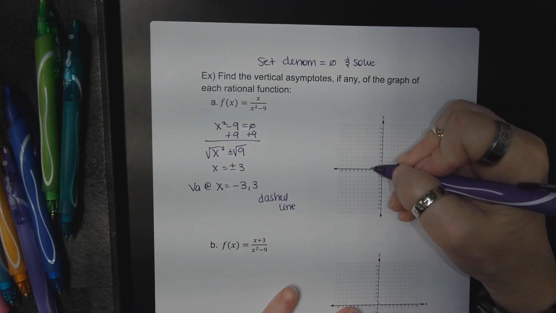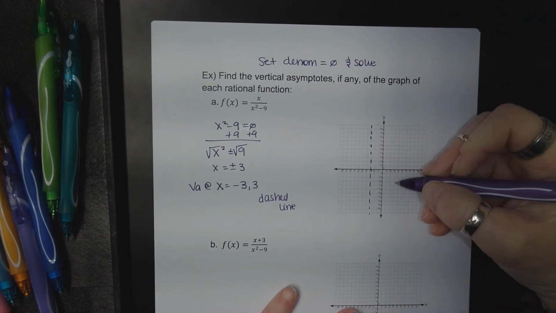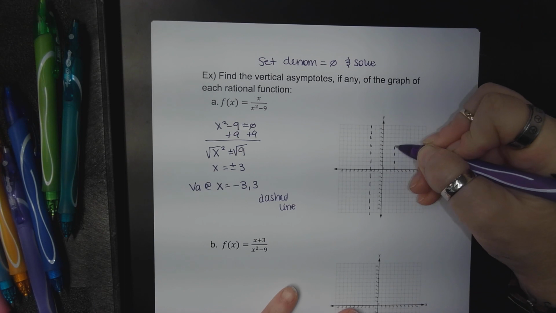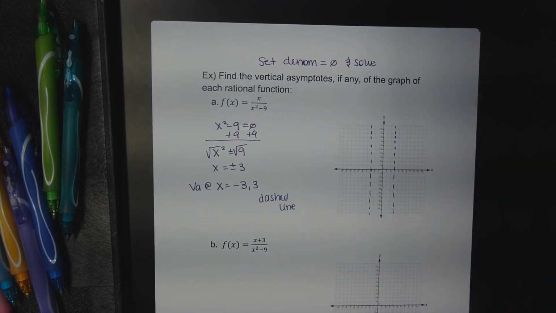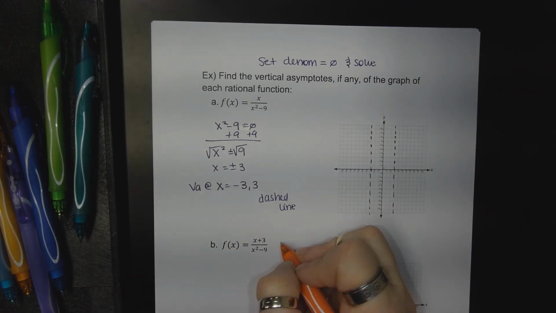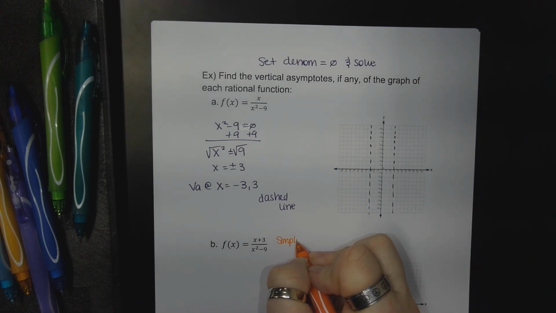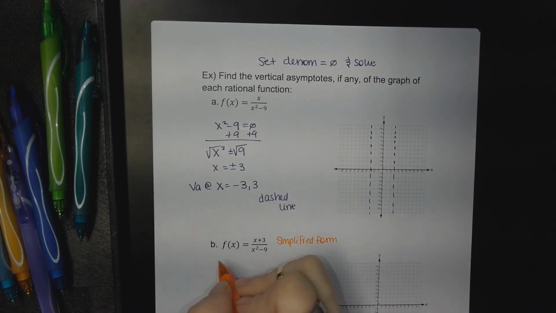So we're going to go over here to negative 3. Now on this one, we're going to talk about cancellations, okay? You always have to make sure it's in simplified form. Remember that. So here we have x plus 3 over x squared minus 9.